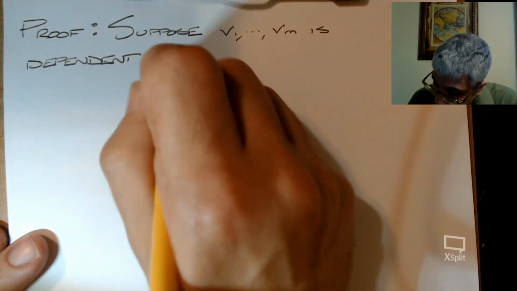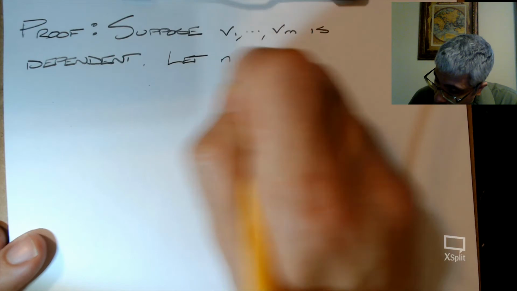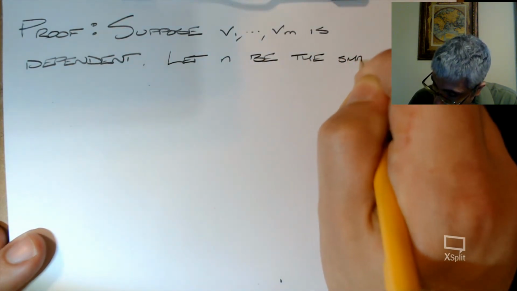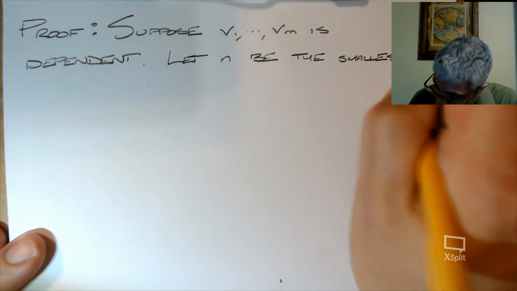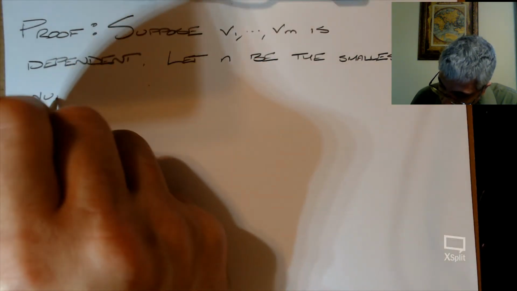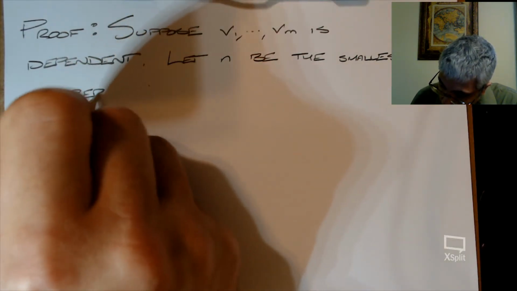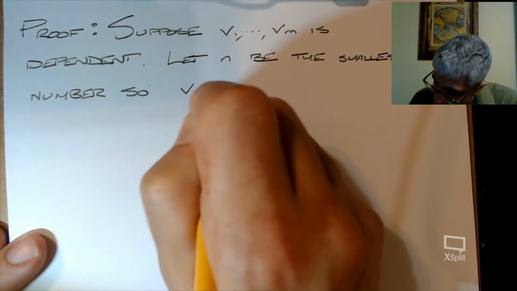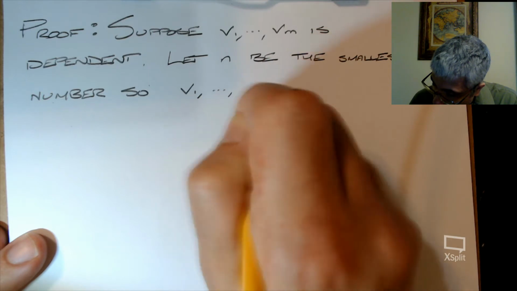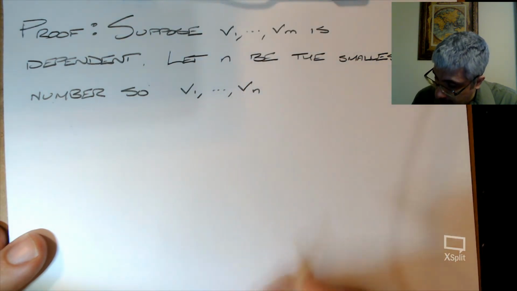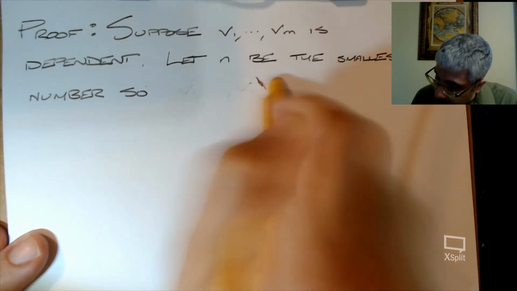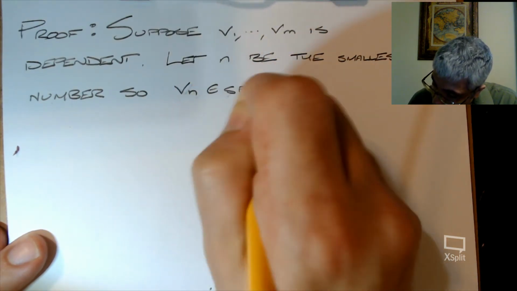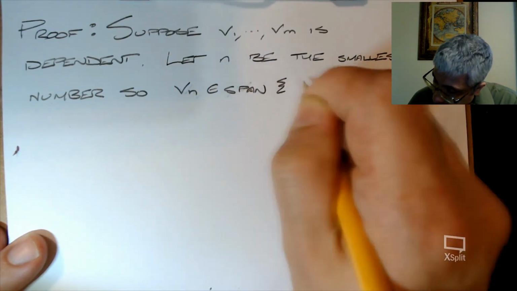So we're going to let n be the smallest number so that Vn is in the span of those before it. There we go.